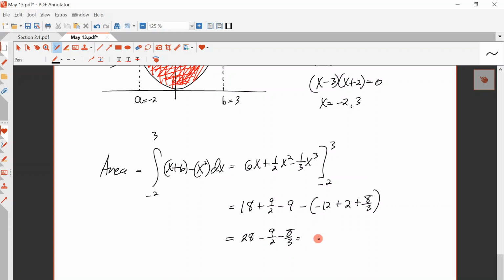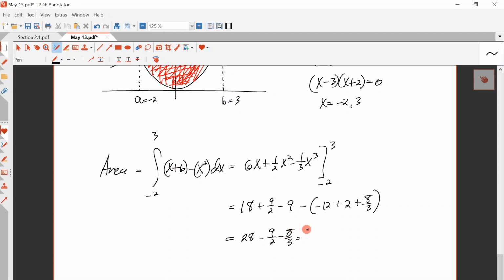So a common denominator is, let me do that on the calculator here. 28 minus 4.5 minus 8/3.